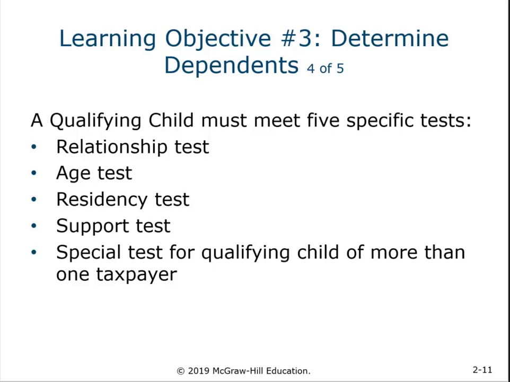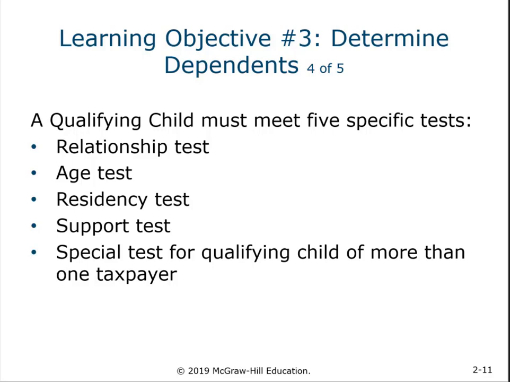And then if it's exactly even, there's actually a tiebreaker in that who has the most AGI and things like that. So there's lots of rules about how to deal with the difficult cases. By and large, the cases are pretty straightforward. And of course, there's always oddball ones where you have to really dig in and look through the definitions. But most of the time, it's those that are living there.